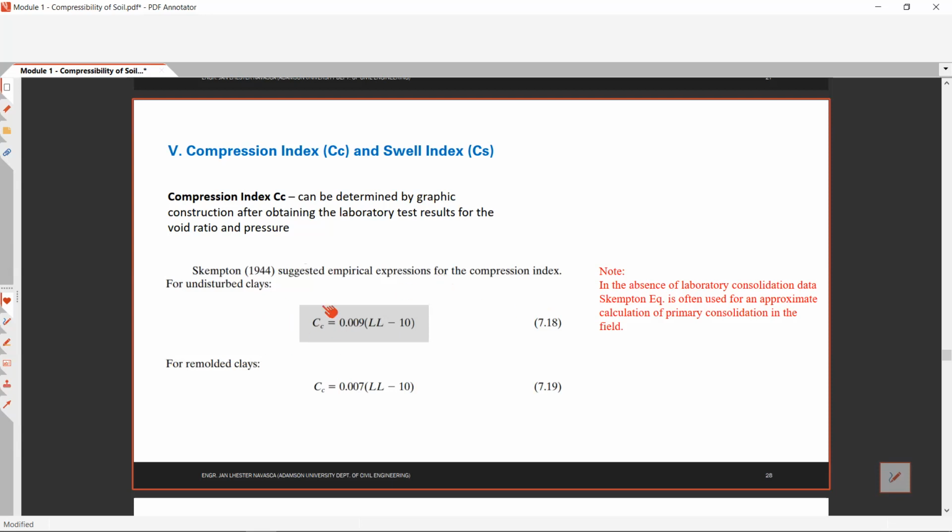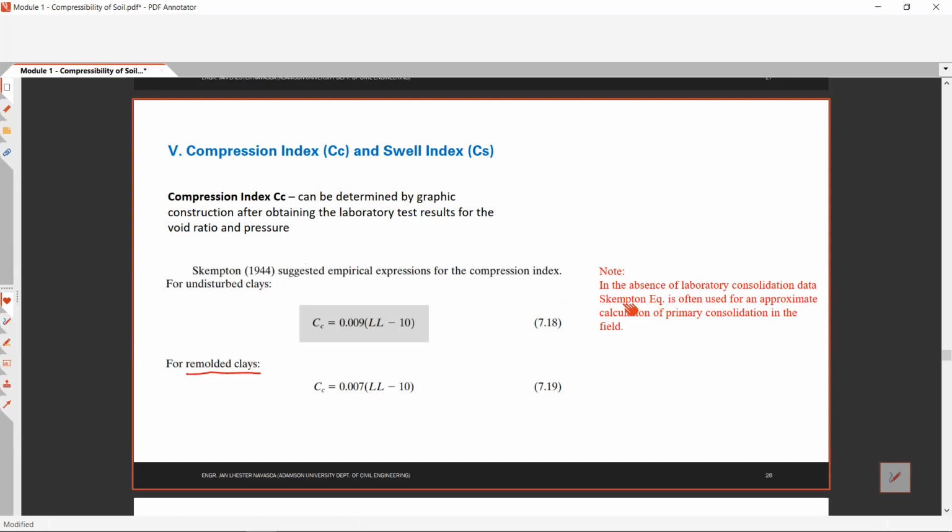This is for undisturbed clay, where C sub C is equal to 0.009 times (LL, or the liquid limit, minus 10). Then for remolded clays, ibig sabihin, na-disturb na yung clays, na hukay, parang nahukay na yung clay, then ibinackfill lang, that is for remolded clays. So for the remolded clay, C sub C is equal to 0.007 multiplied by (the liquid limit minus 10).